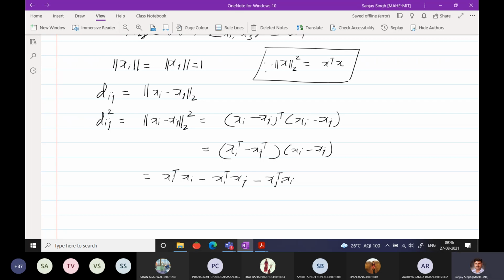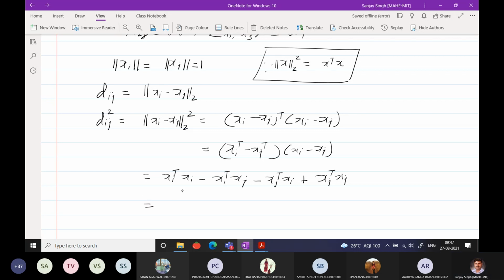Remember that you cannot switch the position of the transpose, otherwise it will become an outer product, and that will be wrong. And this minus becomes plus, so we have xjt xj.